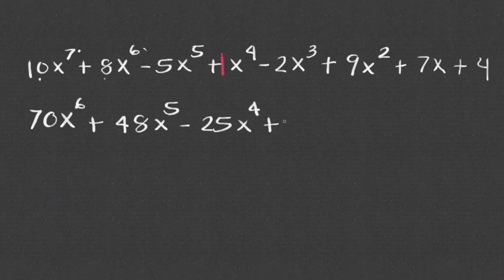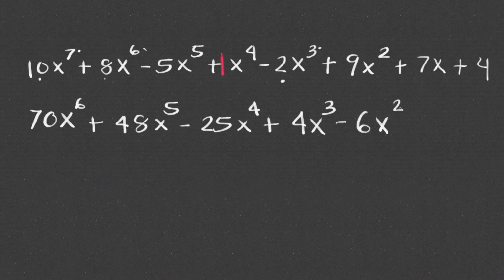So 1 times n, where n is 4, times x raised to 4 minus 1, which is 3, minus 2 times n, where n is 3, equals 6, times x squared, plus 9 times n, where n is 2, equals 18, times x.